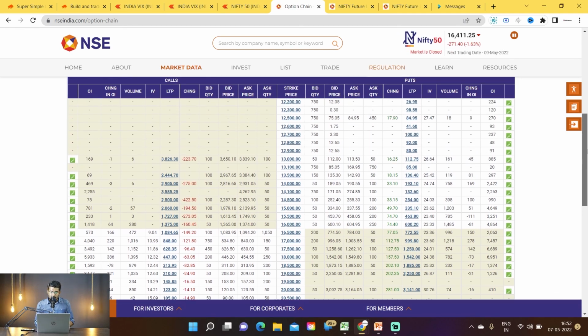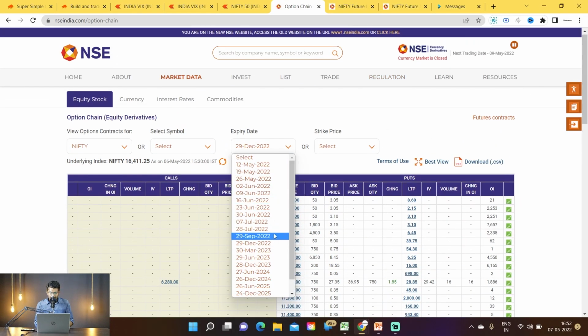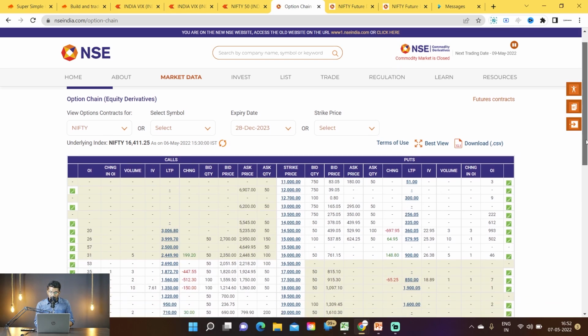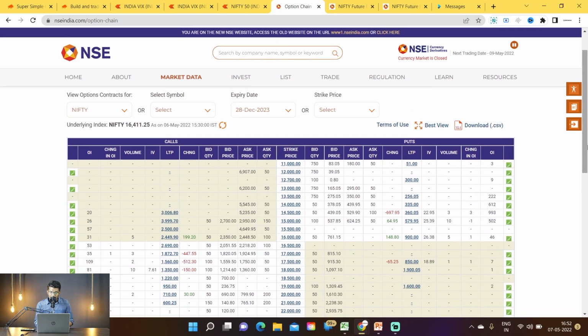Now this is the NSE option chain, and here I have selected 29th December, and 28th December 2023 is also there. But you see, the problem is we are not having liquidity here. So what is the disadvantage of not having liquidity? I will come back to that later, and we will see what the issues are when it comes to liquidity and how to make adjustments.